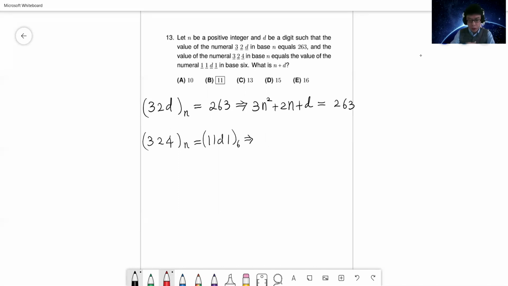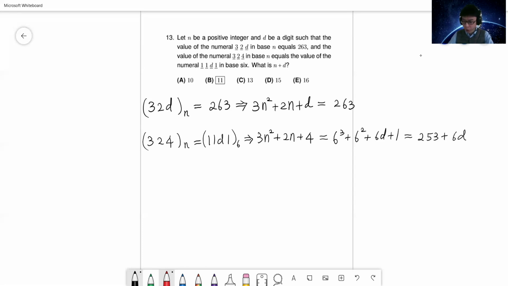This gives us another equation. So 3n squared plus 2n plus 4, that's the value on the left-hand side. And on the right-hand side, this corresponds to 6 cubed plus 6 squared plus d times 6 plus 1, which equals 253 plus 6d. So we have two equations and two unknowns. We can definitely solve n and d.